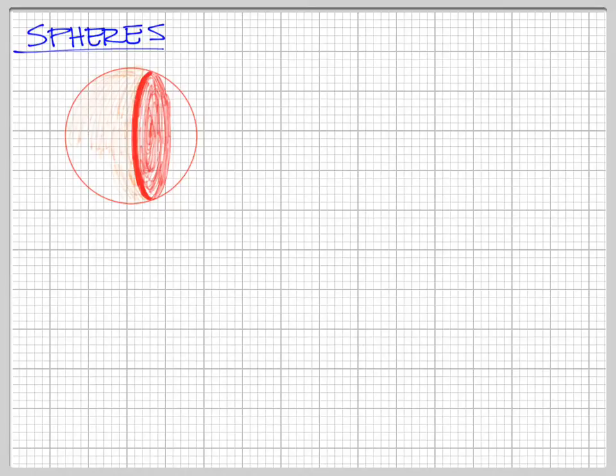I wanted to make it look like a sphere. And then we'll start defining our terms a little bit. So, that's my axis.